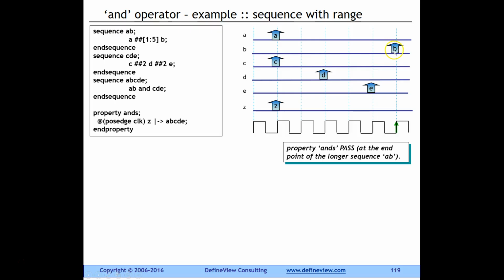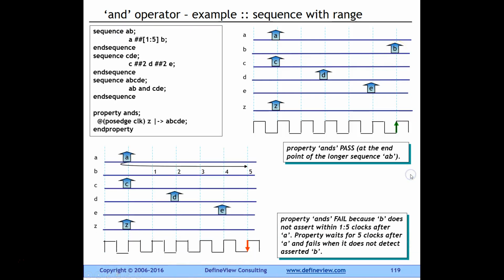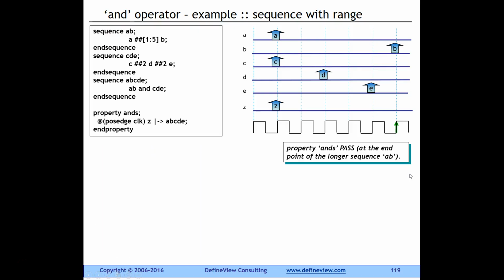On the 5th clock, B arrives, which is exactly what we want. And then C, followed by 2 clocks later D, and 2 clocks later E arrives. So that also matches our requirement of CDE. And both the sequences meet their requirements, and hence the property passes at the end of the longer sequence.